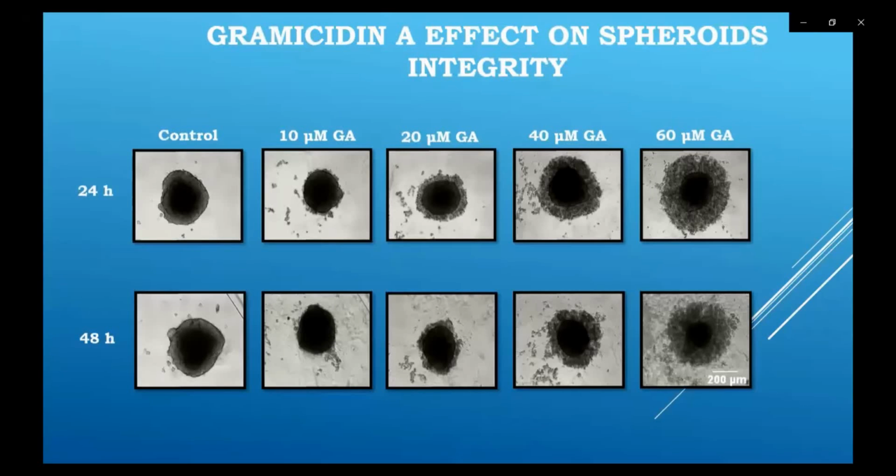We can see that at 24 and 48 hours, with the growth of concentration of the antimicrobial peptide, a cloud of cell residues forms in the vicinity of the spheroid, because apparently gramicidin A has a puncture-like mechanism in which it pokes holes in the membrane of the cells, and all the cytosolic organelles leave the cells and the cells apparently die.